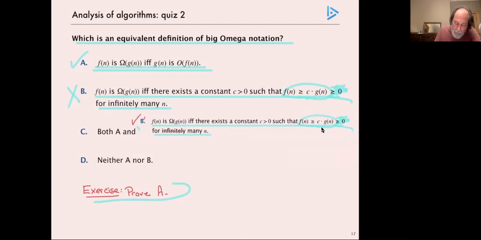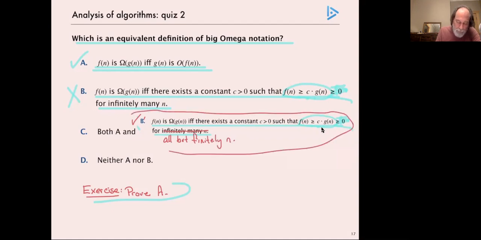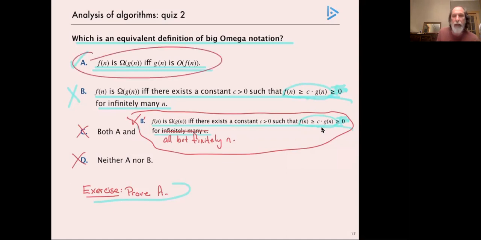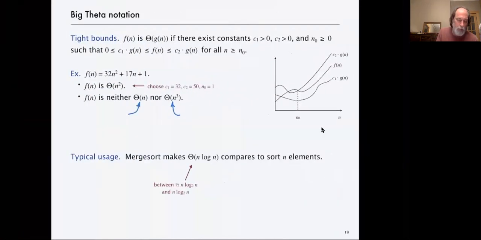If I replace for infinitely many n with for all but finitely many, this version is true. So B is false, so they're not both, but A is true. For an exercise, actually prove this. It's really short, but it still feels nice to do it.